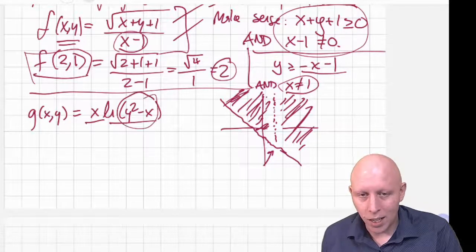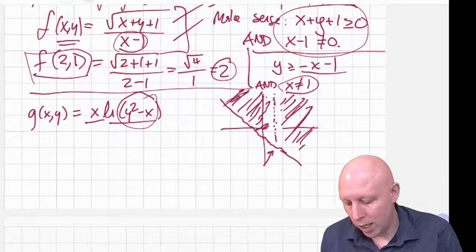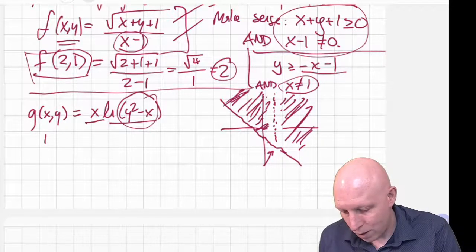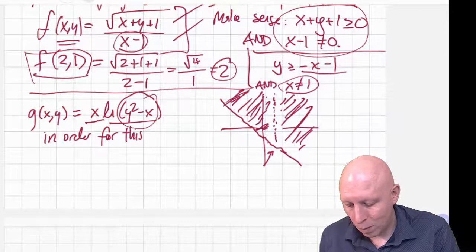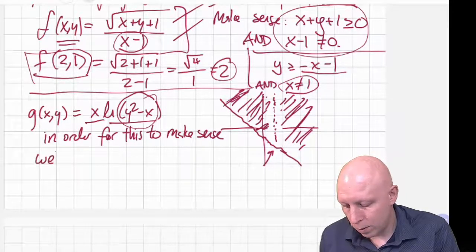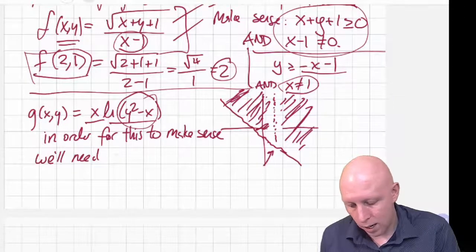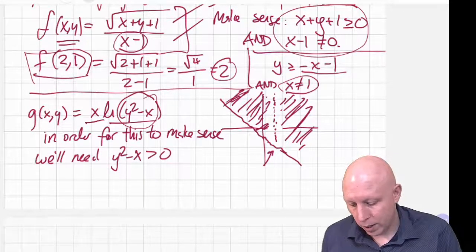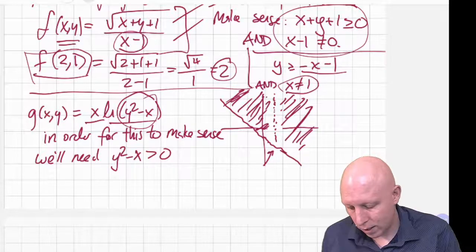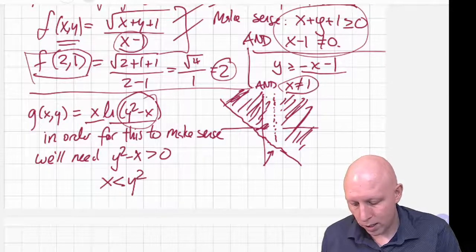But in terms of an ln function, a natural log function, in order for this to make sense, we'll need y squared minus x to be greater than 0. So y squared minus x is greater than 0. That's the same thing as x is less than y squared.